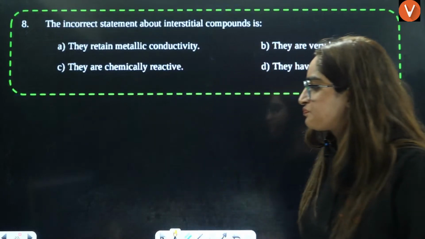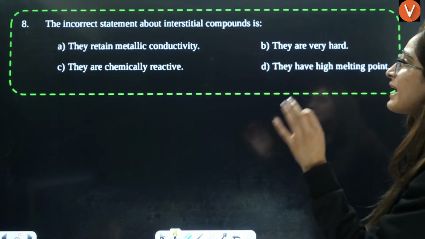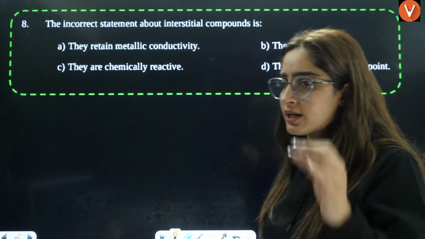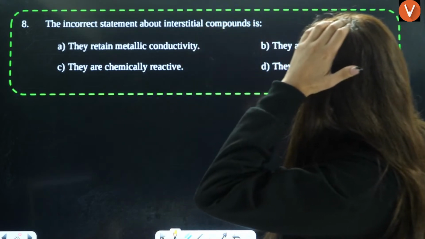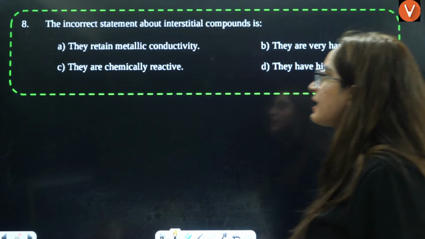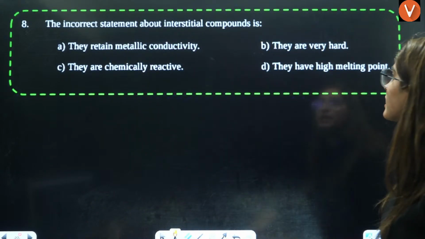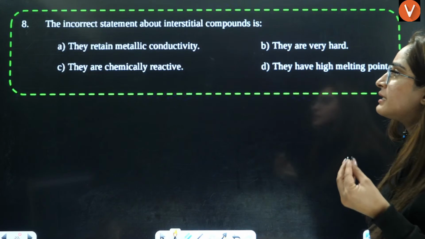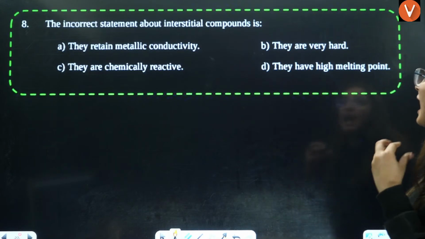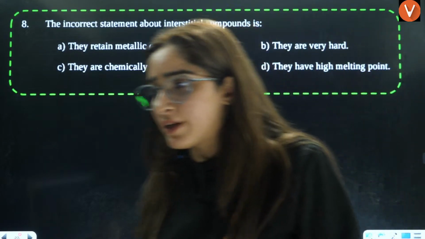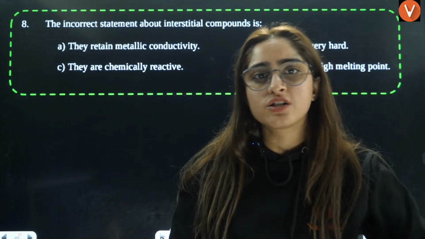So answer is going to be C is the correct answer, right? Chalo. Next, the incorrect statement about interstitial compounds. They retain metallic conductivity. They are very hard. They are chemically reactive. They have high melting points. Why do we make interstitial compounds?